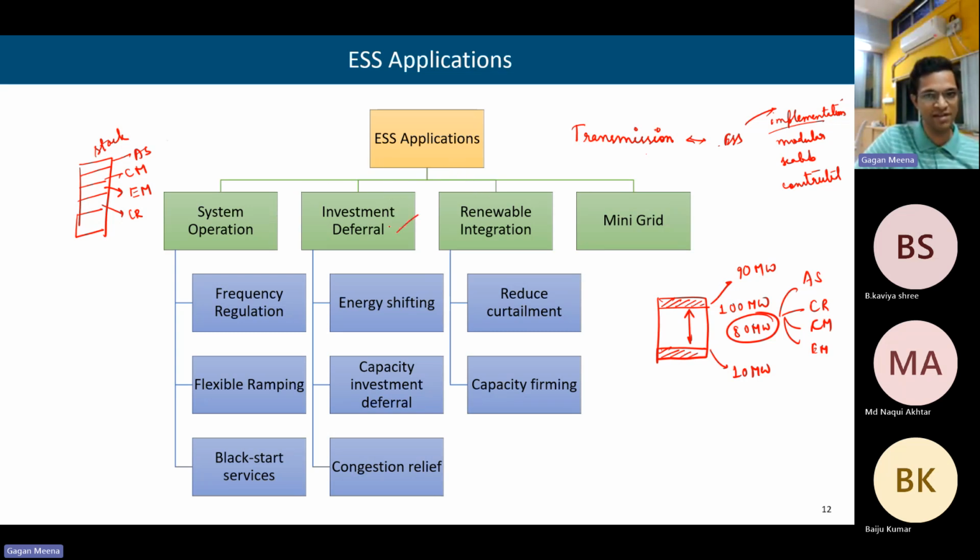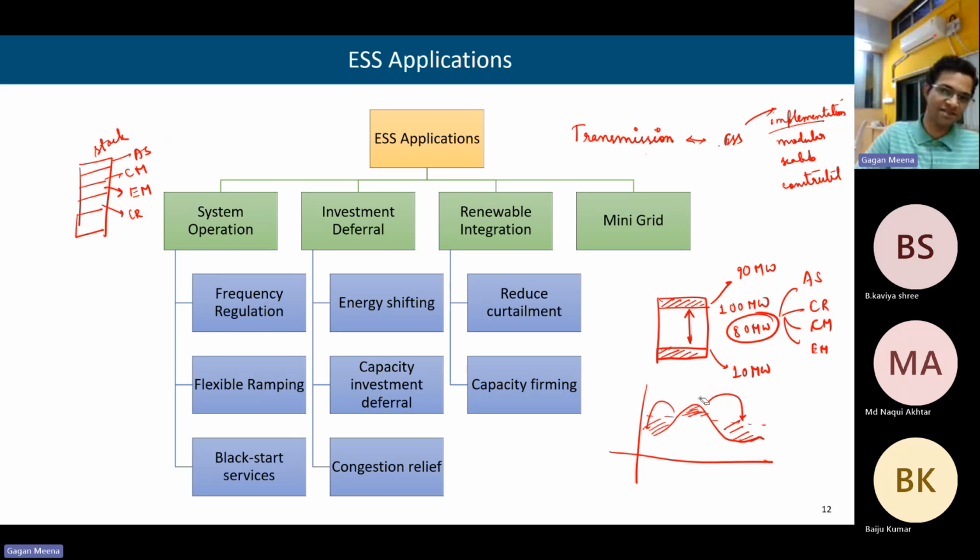System operation we have discussed. Investment deferral, yes. Capacity deferral. Congestion relief we have talked about. Then energy shifting. Yes, we again discuss this topic. Let's make it more simple. Let's say this is the daytime, and here we have excess solar generation. So this energy can be stored in the storage, and storage can then release this energy during off-peak hours.